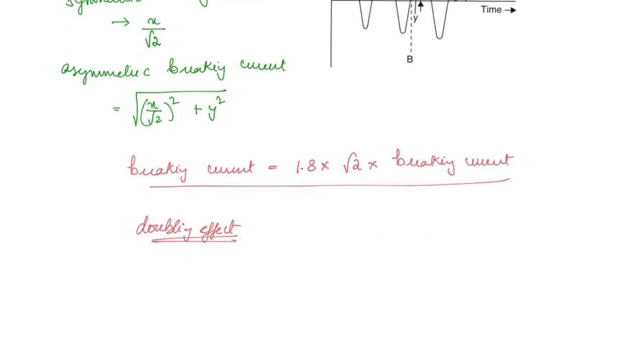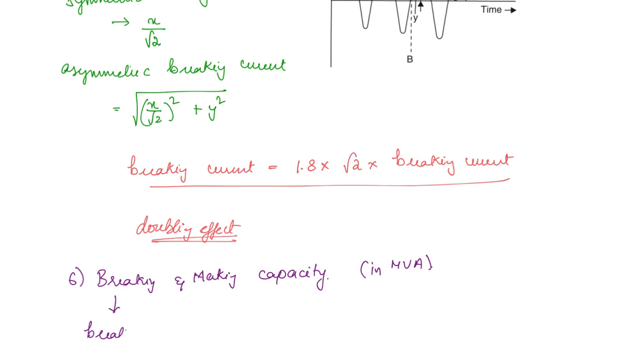And next finally we have the breaking and making capacity. So what is this? It is nothing but the MVA rating. Breaking capacity will be simply the breaking current into the transient voltage.